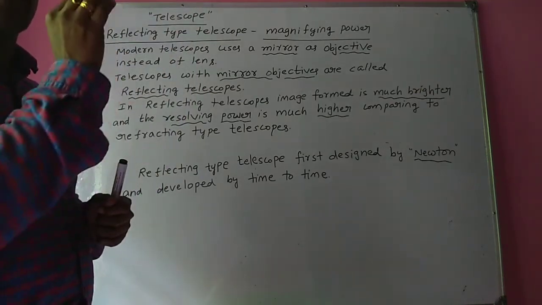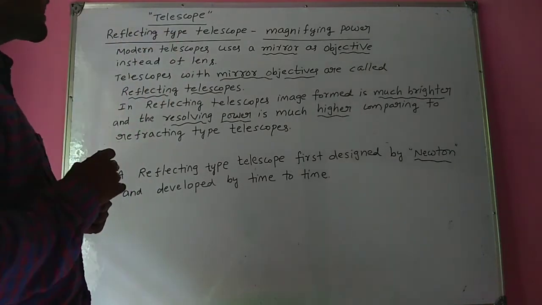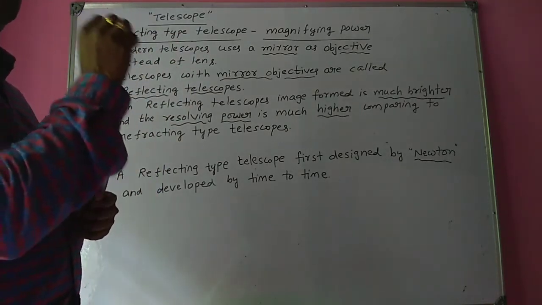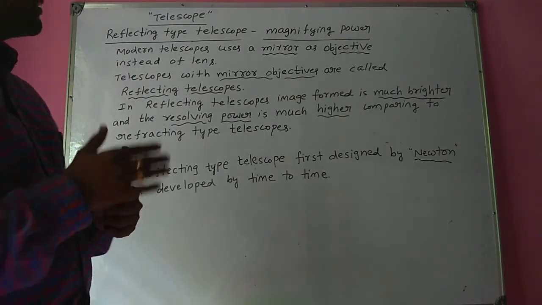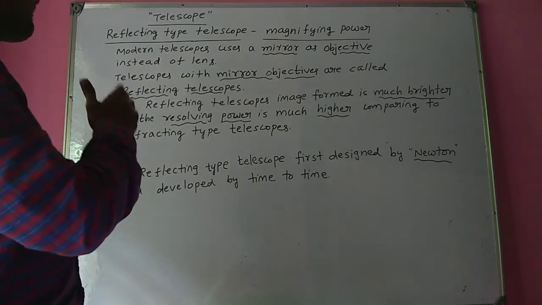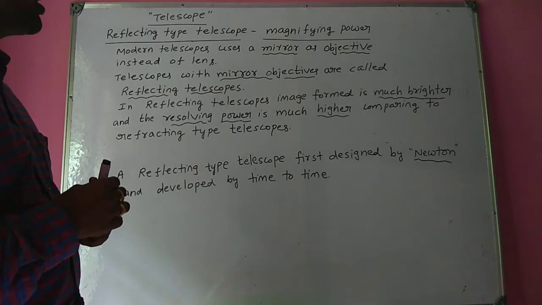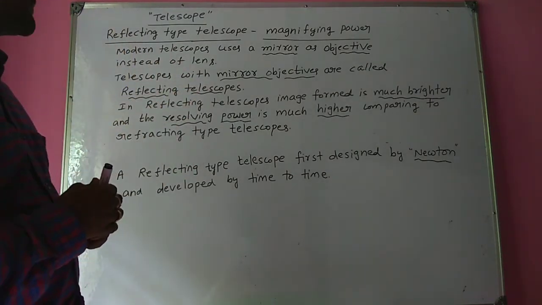It is a concave mirror. The eyepiece is a lens. The telescopes with mirror objectives are called reflecting telescopes because a mirror gives reflection of light.